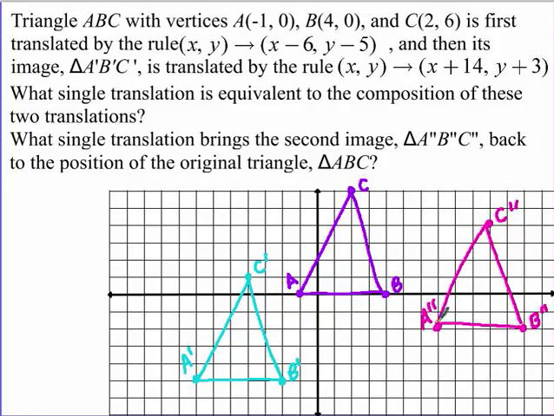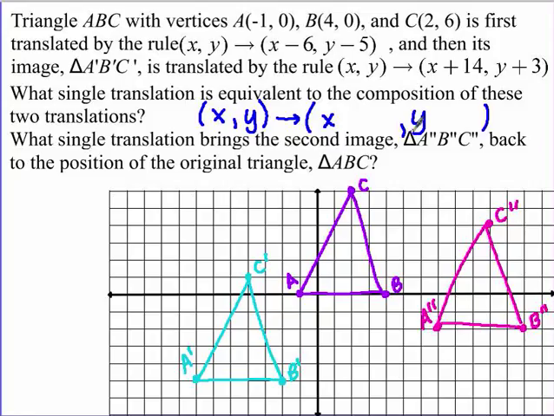Now it says what single translation is equivalent to the composition of these two translations. Single translation means (x, y) goes to. So basically, what do I do to x and y in the purple to get the pink?